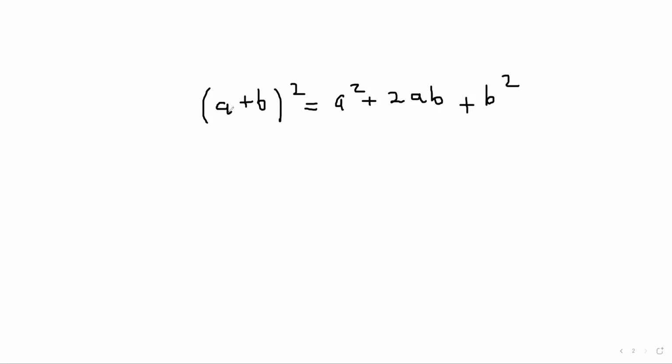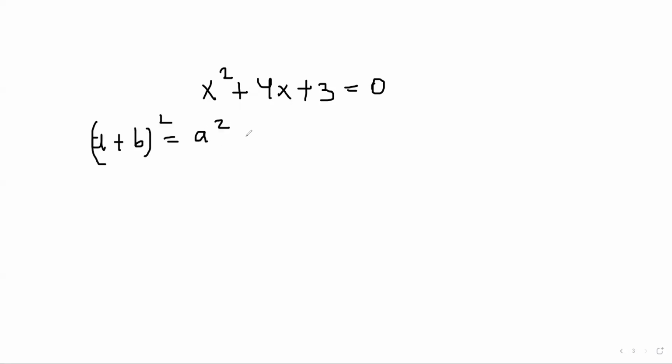So here we have the square of the first one, then the square of the second one, and also there is a midterm, which is 2ab, 2 times first and second. So this is the formula that we are going to use here for our calculations.